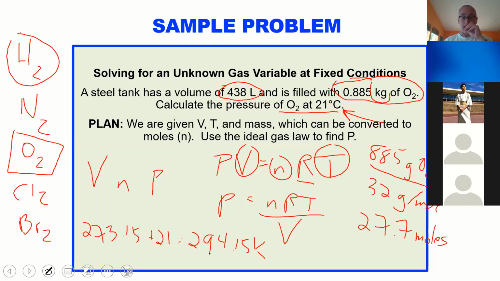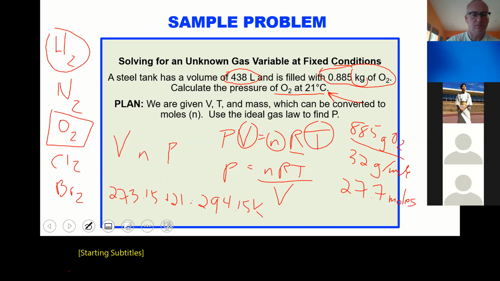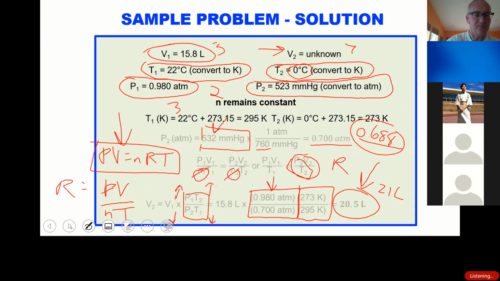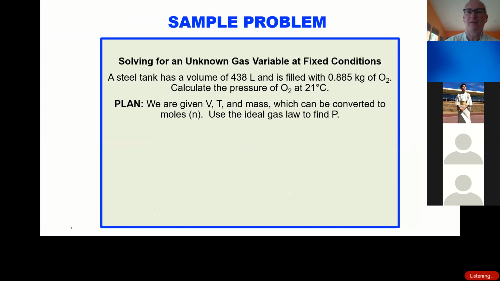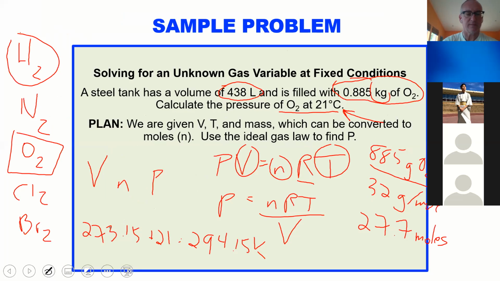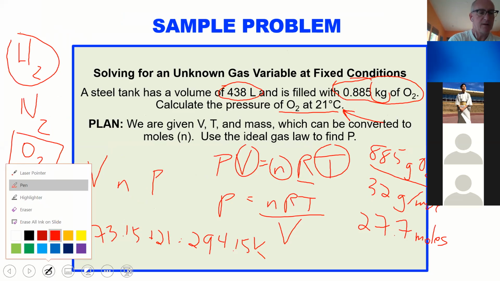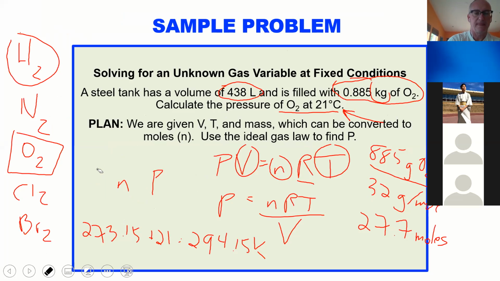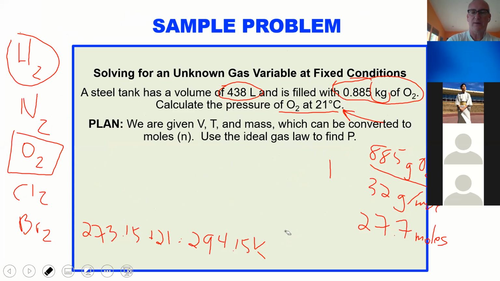So what's going to be the pressure? If we got an answer, 154.41, that's not an answer. 18.603, that's not an answer either.